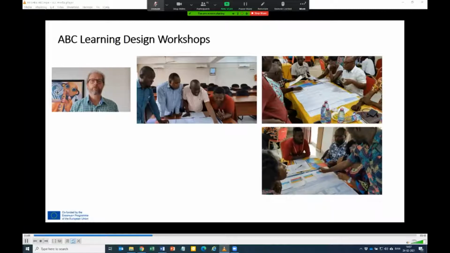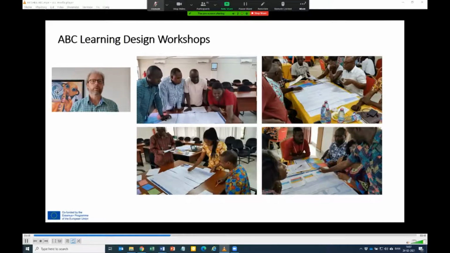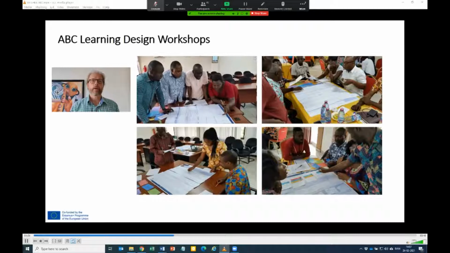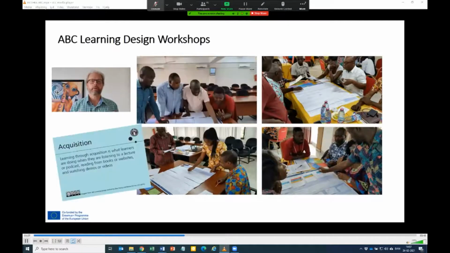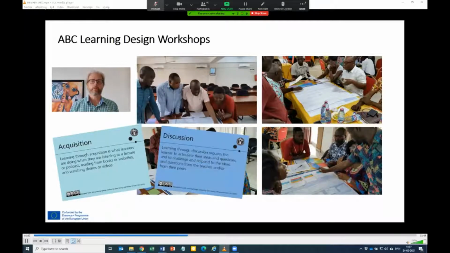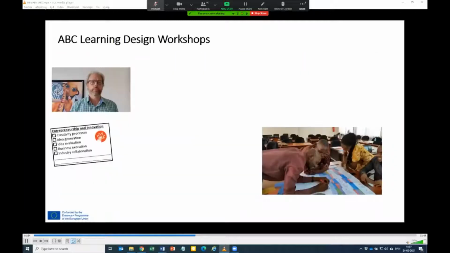Course leaders, teachers, and students work together in groups with the storyboard and cards, each group focusing on 1 year of the curriculum. The order and content of the course titles were first discussed, and each course was then characterized by 1 or 2 of the ABC learning type cards for acquisition, discussion, practice, investigation, production, and collaboration.